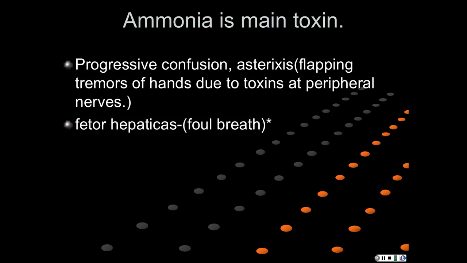And then ammonia is also the main toxin causing progressive confusion, asterixis, which is flapping tremors of the hand due to toxins at the peripheral nerves. They end up with fetor hepaticus, which is a foul breath because of ammonia.